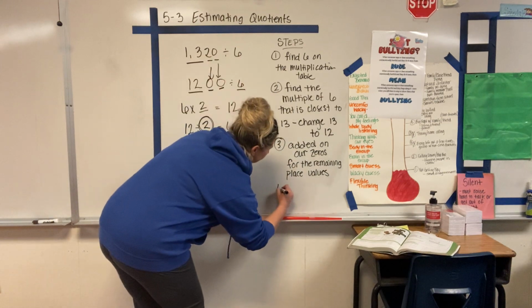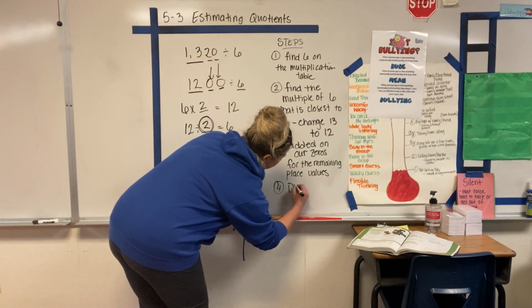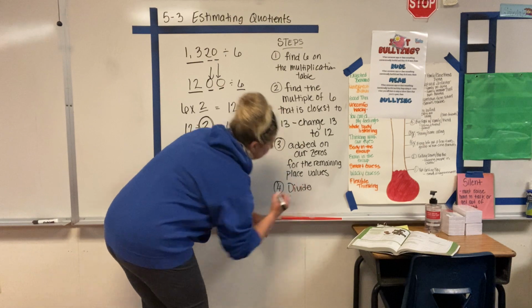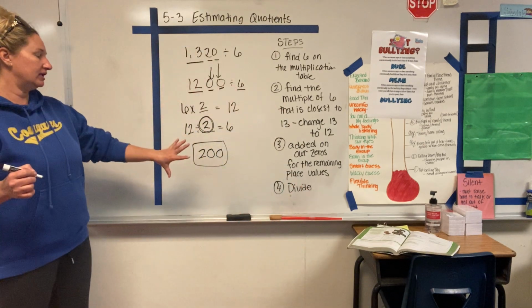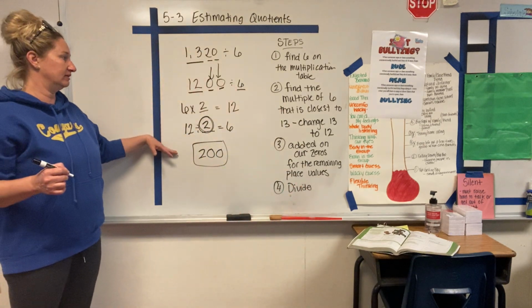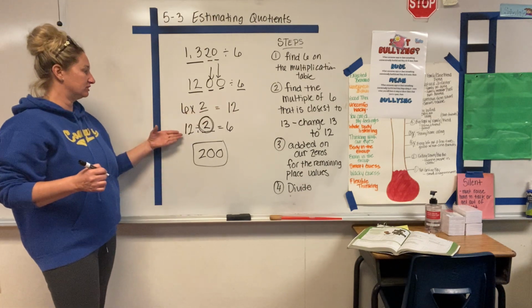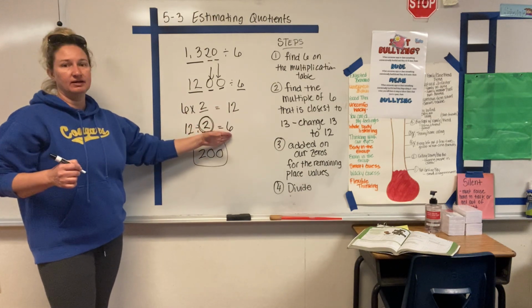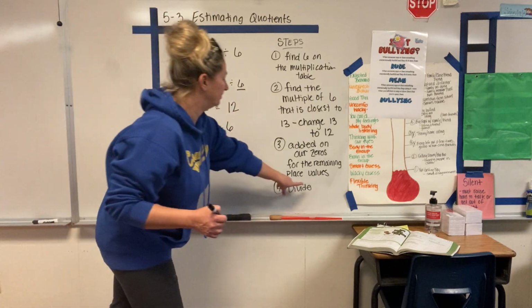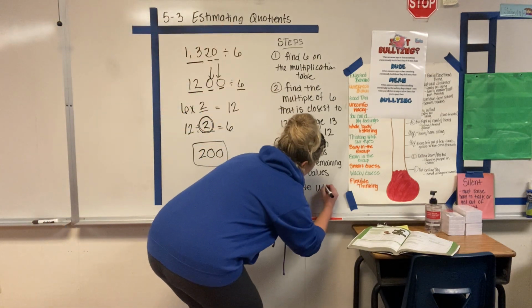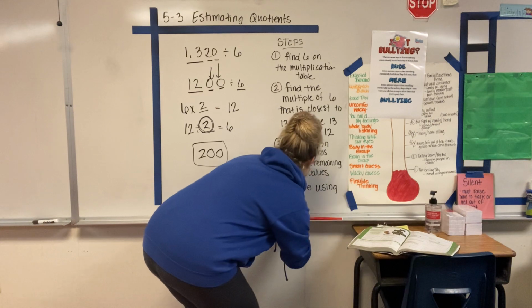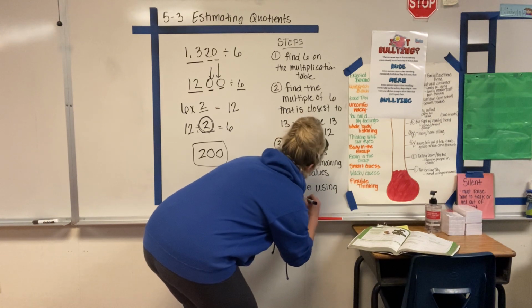And then we divided. And we divided using our fact families, because we know that 6 times 2 is 12, which means that 12 divided by 2 must be 6. So we can write here, divide using fact families.